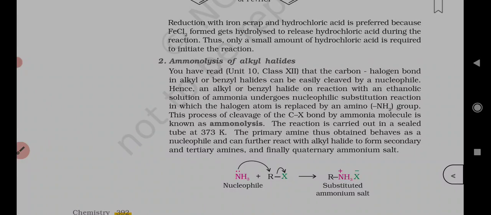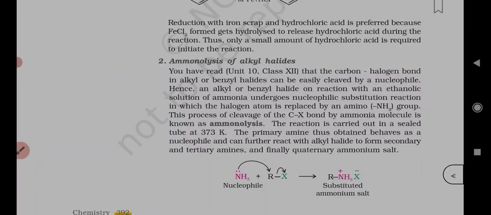And talking about reduction of nitriles, nitrile means RCN, R-C triple bond N. Nitriles on reduction with lithium aluminium hydride, LiAlH4, or catalytic hydrogenation produce primary amines. The reaction is used for ascent of amine series, that is, for the preparation of amines containing one carbon atom more than the starting amine.